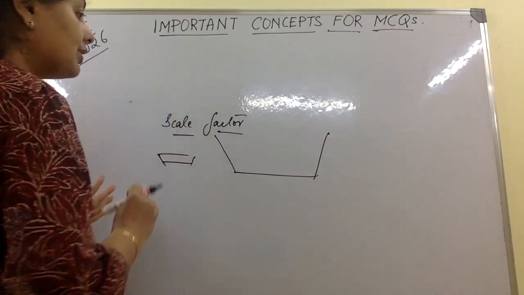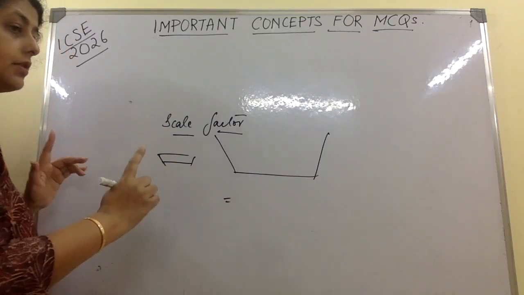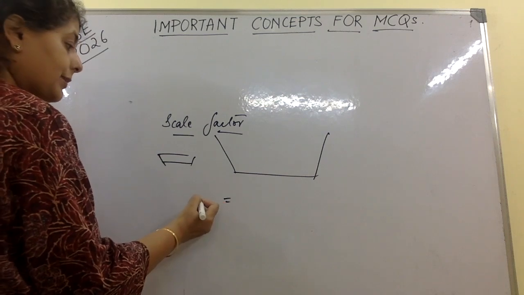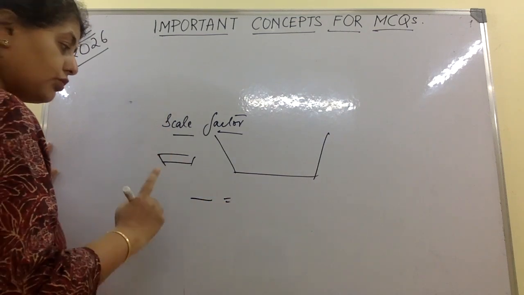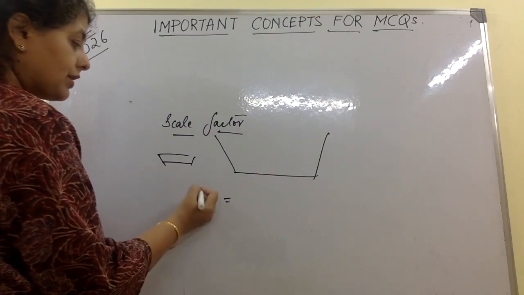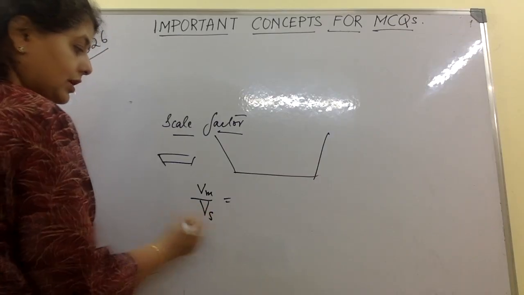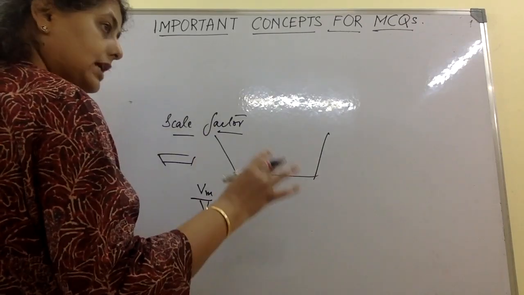Now here I want to tell you something, a big confusion. Whenever, supposing you are trying to find the volume of the model ship, here you are writing volume of model, volume of ship, and then you have put a scale factor.